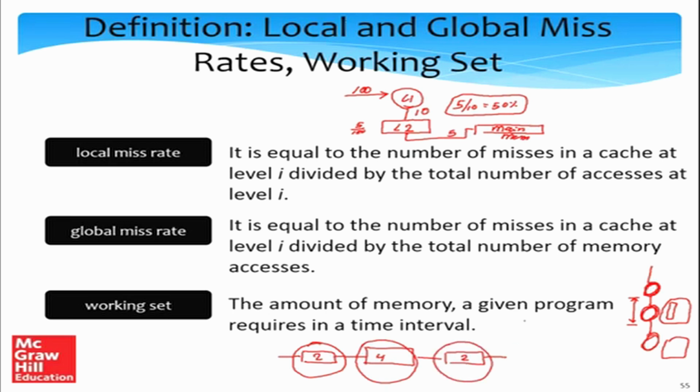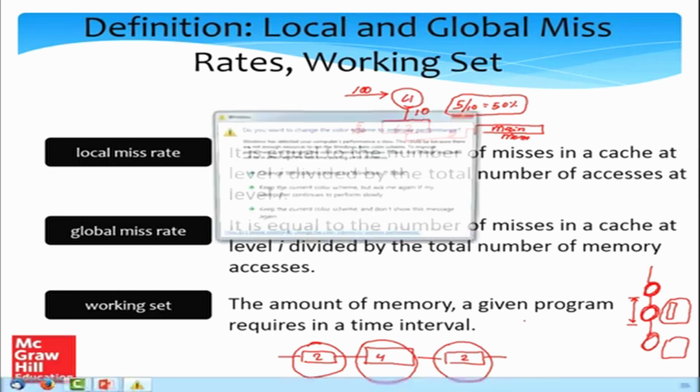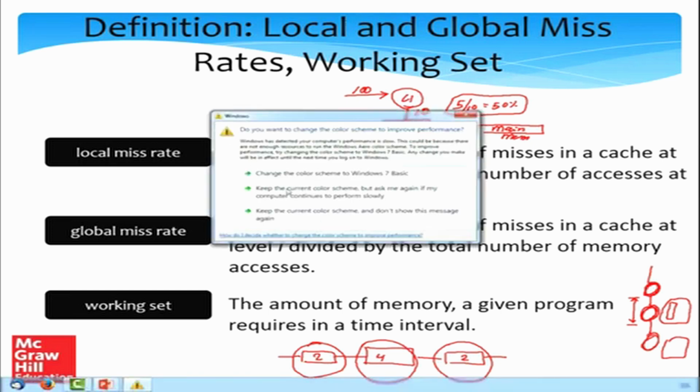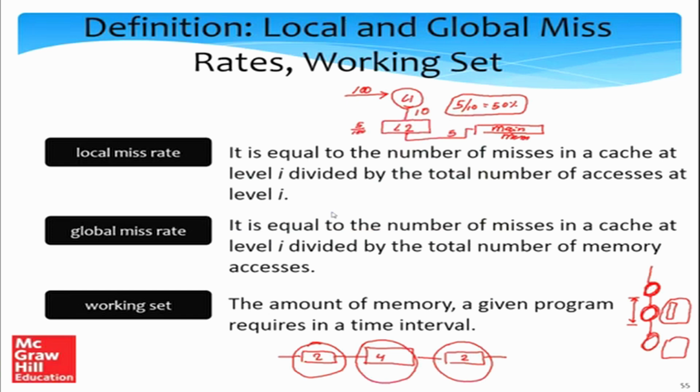This is an approximate definition, there's nothing formal about it, but roughly, in a small time interval in the execution of the program, the amount of memory that is accessed is called the working set. What we want is for the working set to fit in the caches, such that most of the data that a program requires is available in the caches.